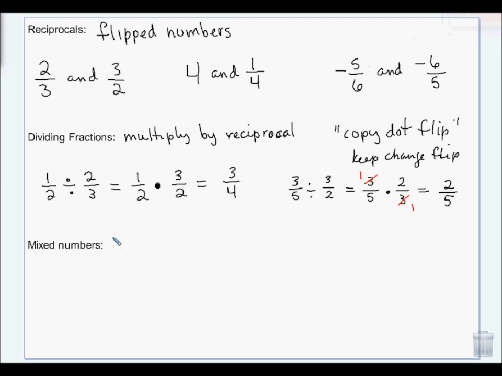If we can't multiply mixed numbers, do you think we can divide them? No. So we have to do the same thing. If I have 2 1/4 and I want to divide that by 3 1/2, I have to convert them.